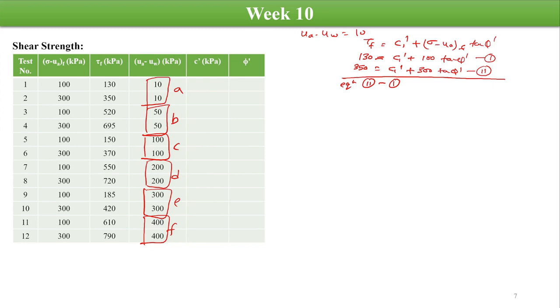If we solve these two equations, we write equation 2 minus 1. Then the c1 dash term will cancel out. So we can write 350 minus 130, that will be equal to 220, which is equal to 200 tan phi dash.